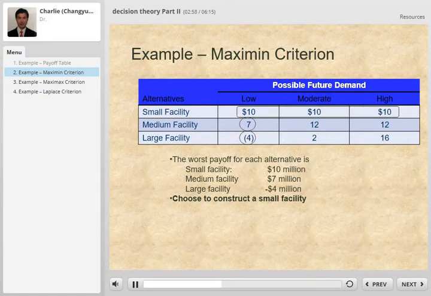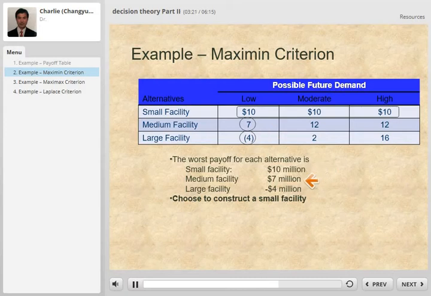So the worst scenario for small facility is the return is $10 million. Worst scenario for medium facility is $7 million. Worst scenario for large facility is negative $4 million. So we write them down. Small facility, $10 million.